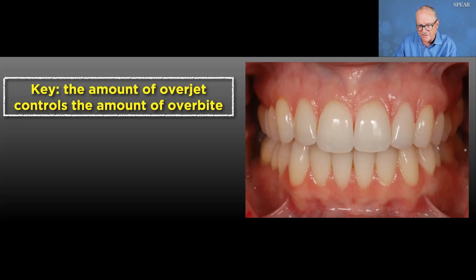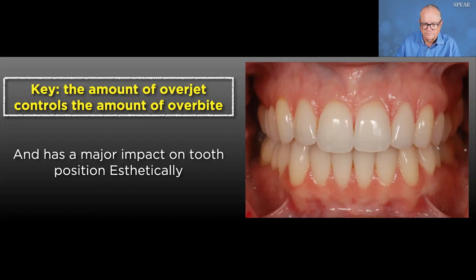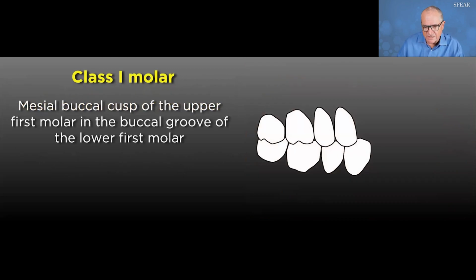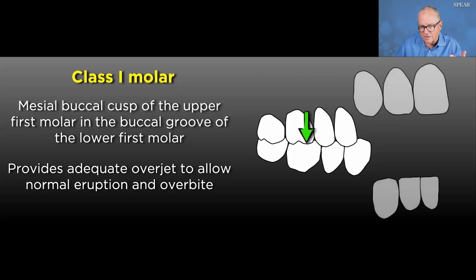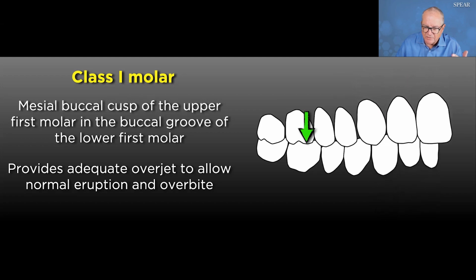The more overjet you have, the deeper your overbite will be. The less overjet you have, the shallower your overbite will be. So the reason a class 1 molar relationship is very desirable is it creates an overjet that, when the anterior teeth erupt, they end up with about 3 to 4 millimeters of overbite, which is a very normal amount of overbite.